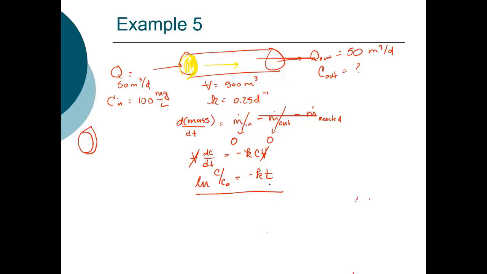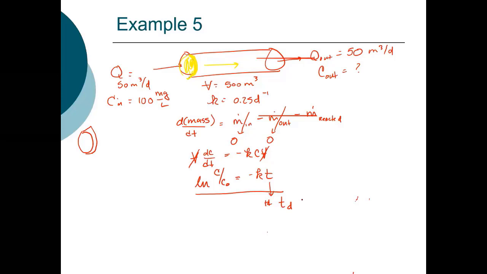t is our detention time. This is t_d, or detention time. Exactly, the parcel acts like a mini batch reactor. That's exactly what it does. So think about the canoe. If you had a mini batch reactor and it was in your canoe, and you simply transported it down the river, that's exactly the situation.